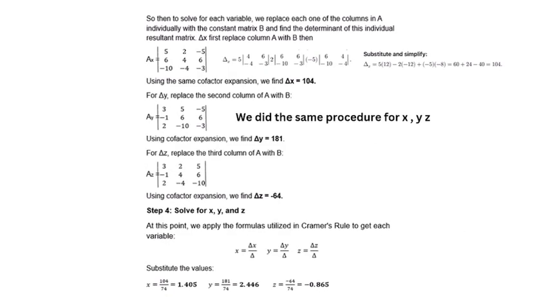For x, we use x equals delta x over delta, and y equals delta y over delta, and the same goes for z. We substitute the values, dividing each by 74, which was the determinant of A that we got earlier in the solution of this problem.